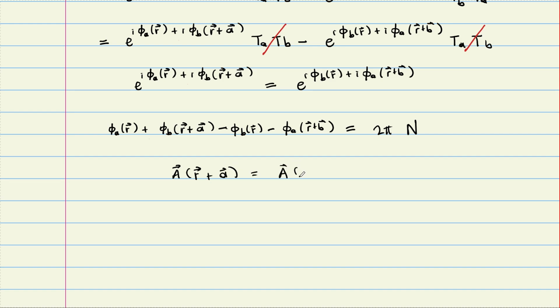What this means is A of r plus a equals A of r plus gradient of f_a of r. Or we can write this in the alternative form: del f_a of this thing is equal to this minus this. I just rearranged.